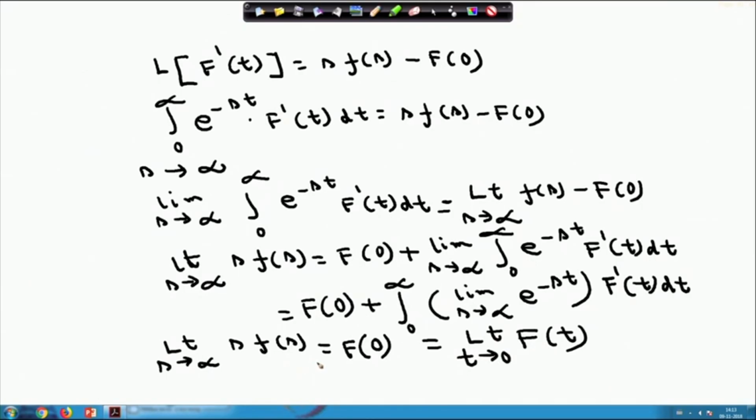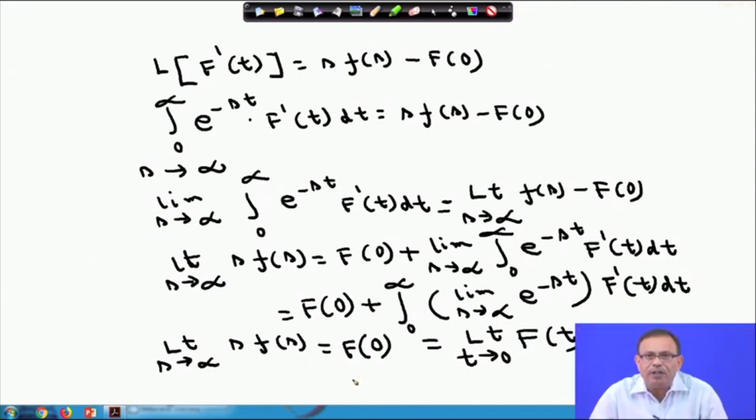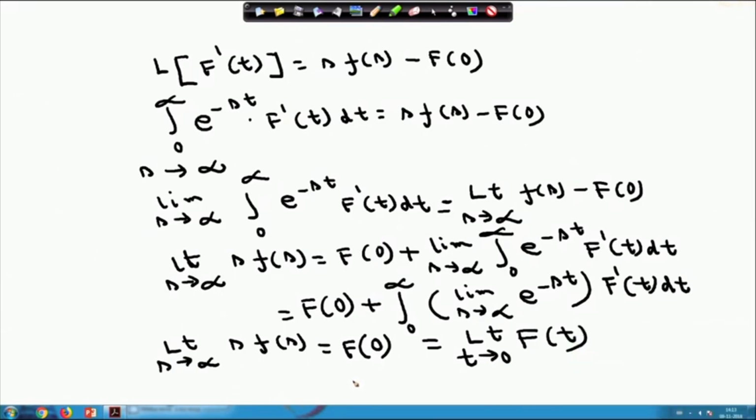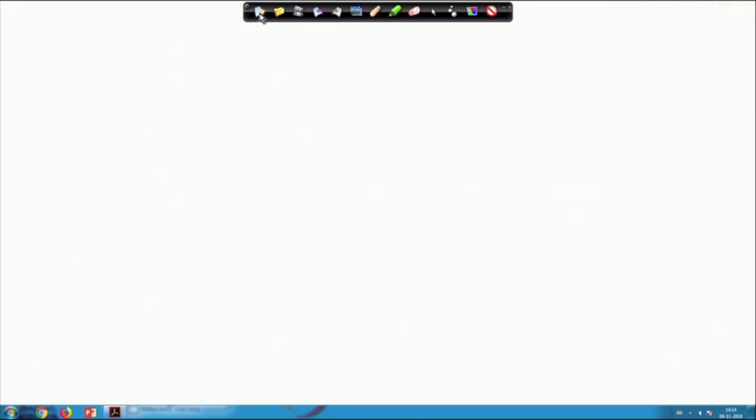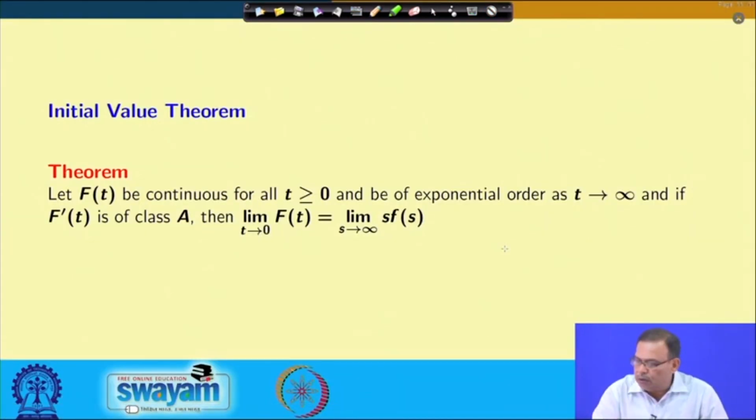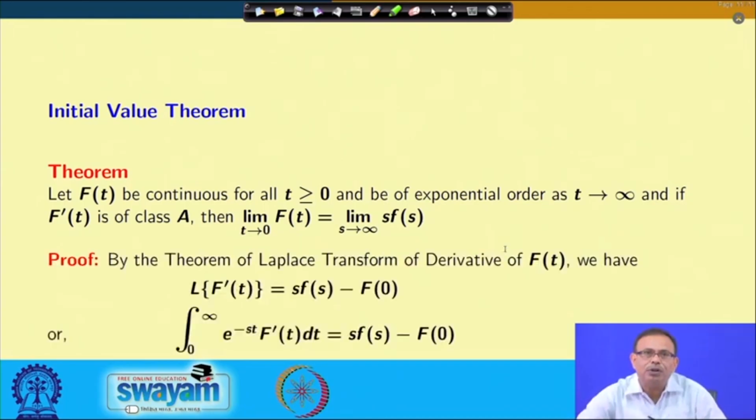So, please note this thing, that if I take a function f(t), the limiting value as t approaches 0 will always be equal to the limiting value of the function s F(s) whenever s approaches infinity. So, this is the initial value theorem.